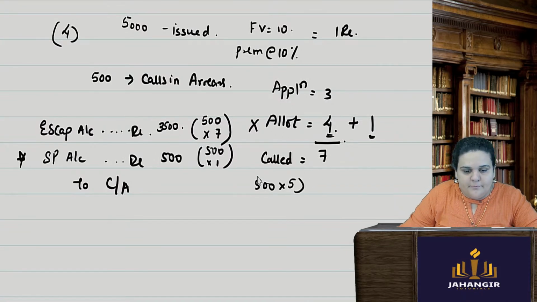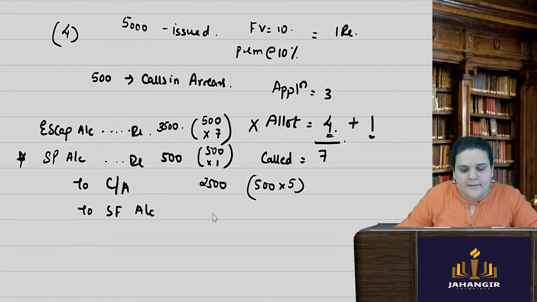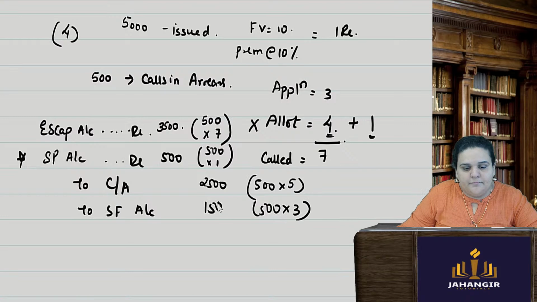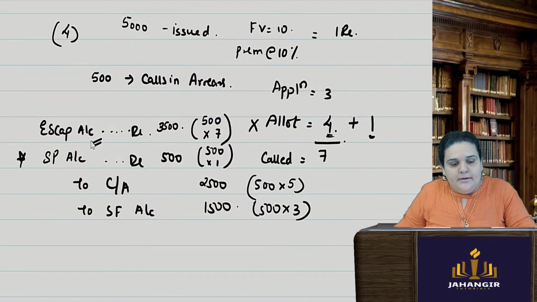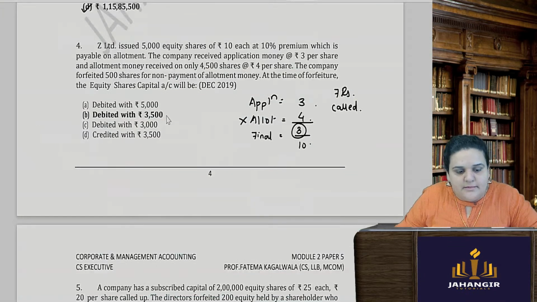Total unpaid amount will be 2,500. To share forfeiture account, if I had to pass just this journal entry, it would have been 500 into paid amount. So equity share capital account will be debited by 3,500. This is the answer.